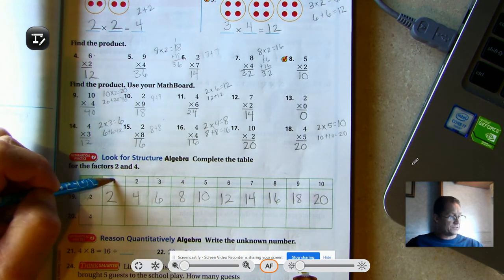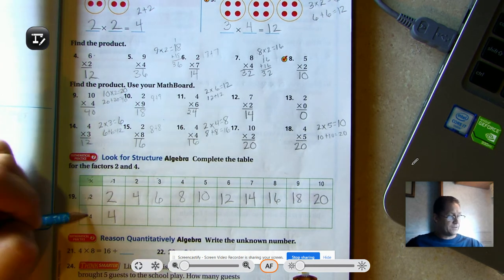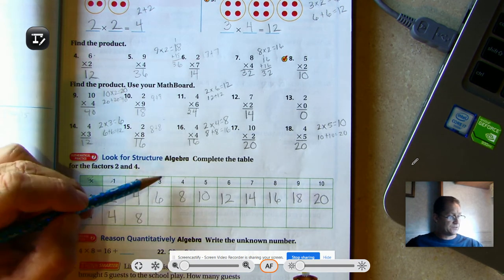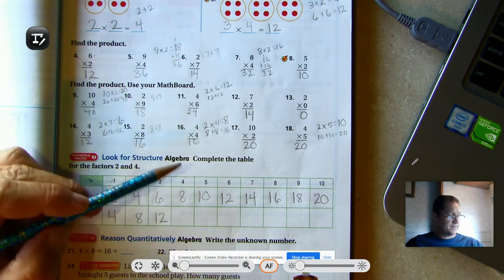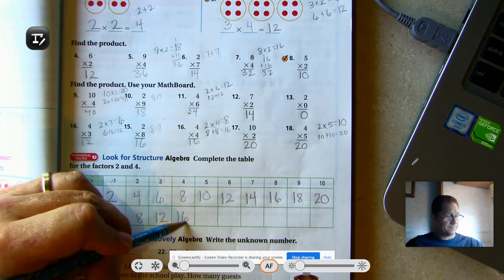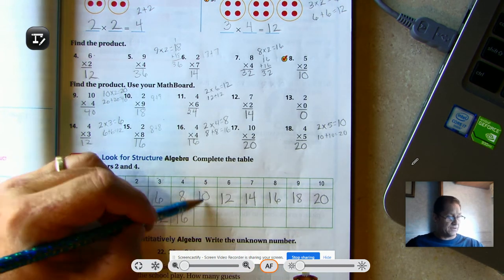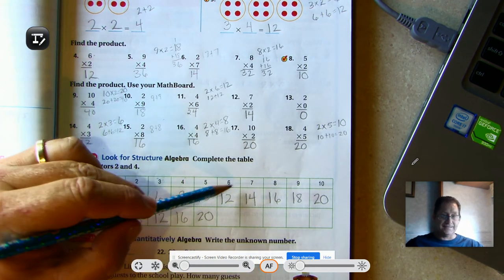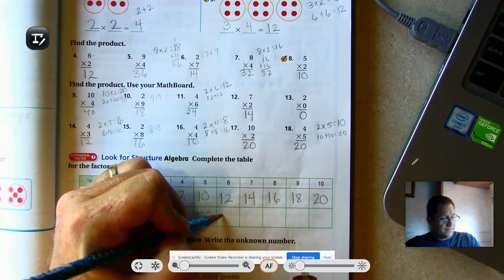So if 2 times 1 is 2, 4 times 1 is 2 plus 2. 4 times 2 is 4 plus 4. 4 times 3 is 2 times 3 doubled. 4 times 4 is 2 times 4 doubled. 4 times 5 is the same as 2 times 5 doubled. 10 plus 10 is 20. 4 times 6 is the same as 2 times 6 doubled. 12 plus 12 is 24.